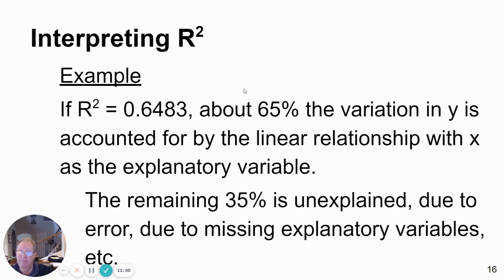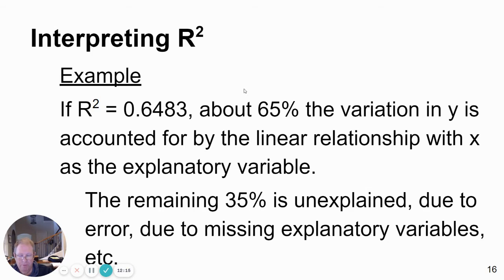Now let's practice that. If R squared is equal to 0.6483, then here's how we interpret it. About 65% of the variation in Y is accounted for by the linear relationship with X as the explanatory variable. But of course, you're going to have to do it in context. So in your interpretation, you should refer to the context of the problem.